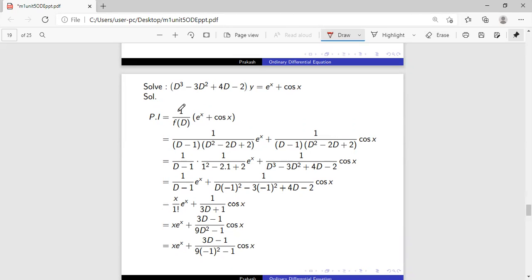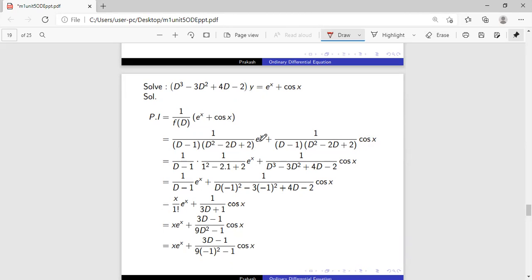The particular integral is of the form 1 by f(D) into the right hand side function Q(x), which is e^x + cos x. f(D) is D³ - 3D² + 4D - 2. I factorize this into (D - 1)(D² - 2D + 2), into e^x, plus the same factor into cos x.